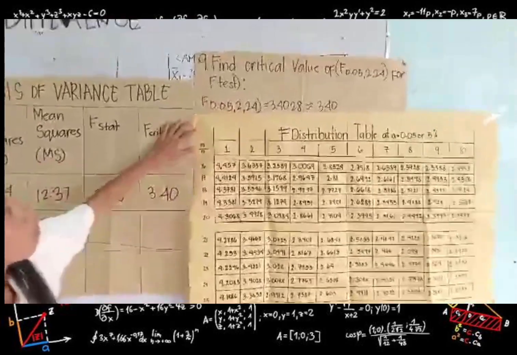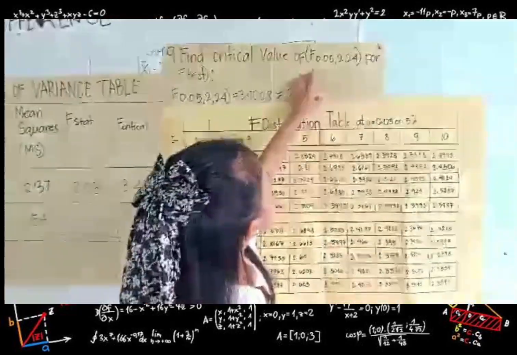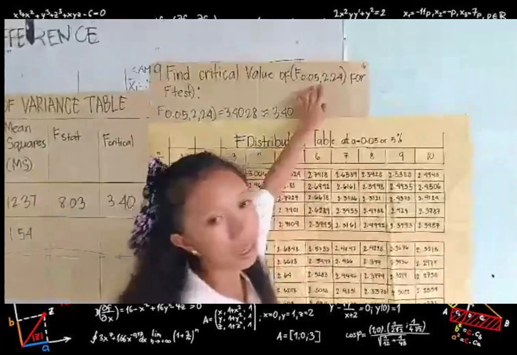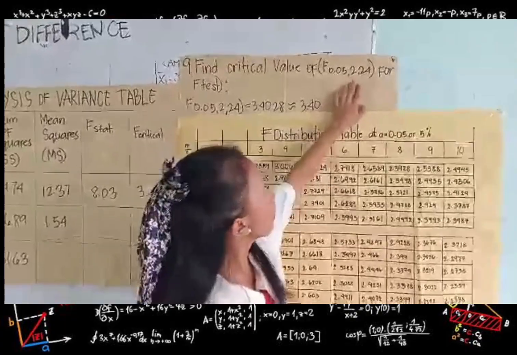And now we're going to find the critical value of F at 0.05, with degrees of freedom 2 and 24 for the F test. We can find it in the F distribution table at 0.05 or 5%. We look for 2 and 24, which are the degrees of freedom. The degree of freedom between groups is 2.